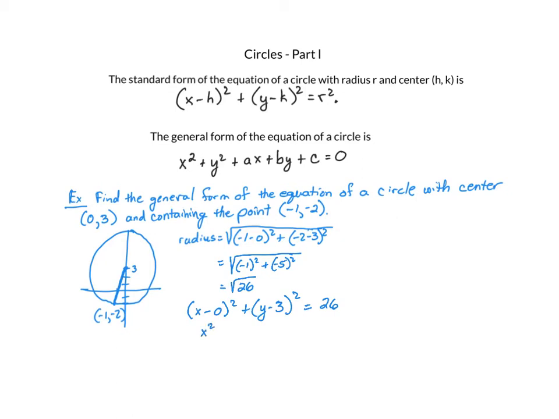We'll just have x^2. But on our next expression, we'll expand that one. We'll have y^2 - 6y + 9 = 26. And we do need to subtract 26 from both sides to put it in general form. So our equation is x^2 + y^2 - 6y - 17 = 0.